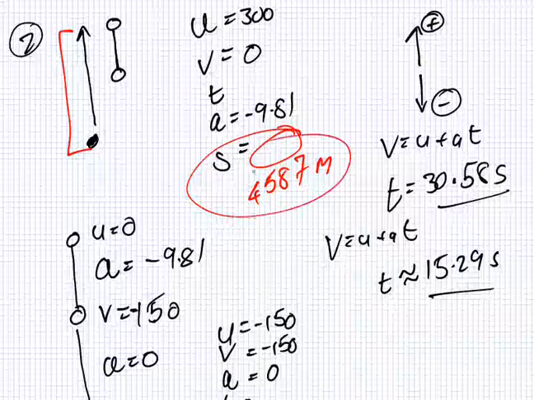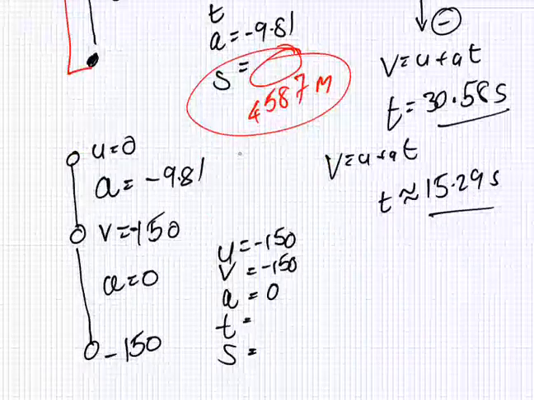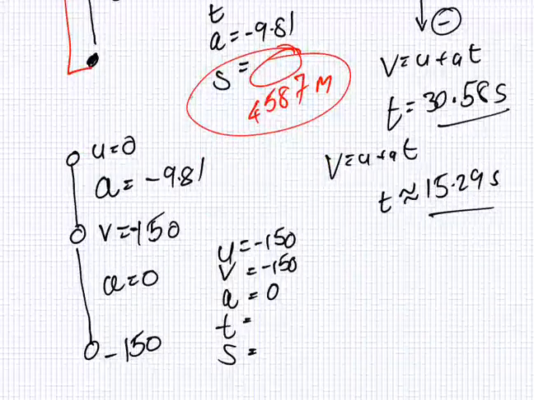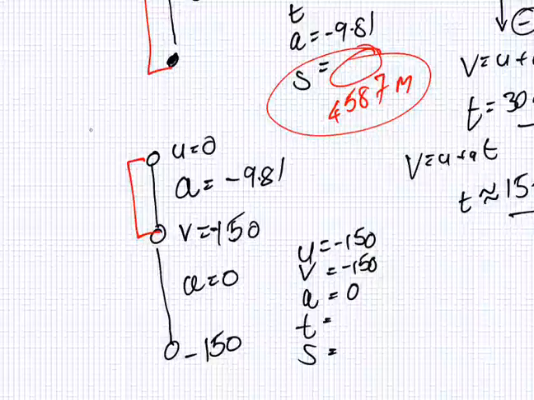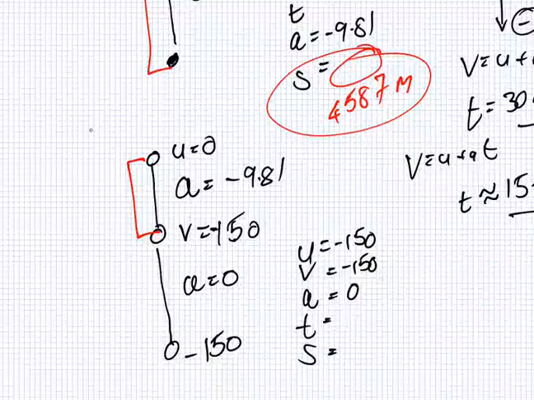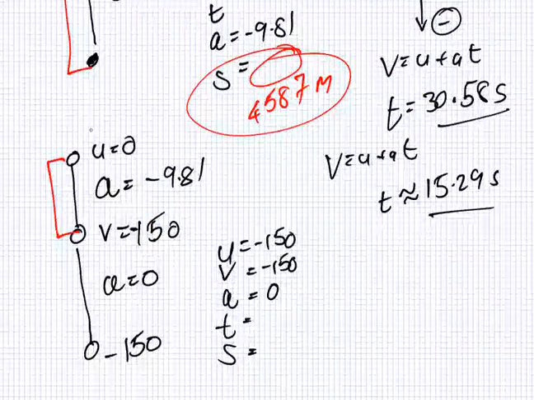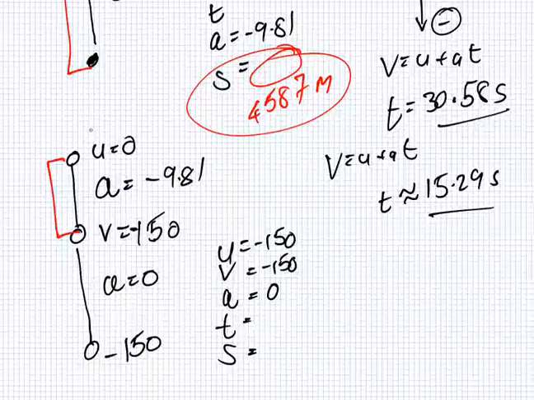Because of the drag. The air slows it down. So what's the a? We'll still say that a is roughly 9.81, even though it should be smaller than 9.81.